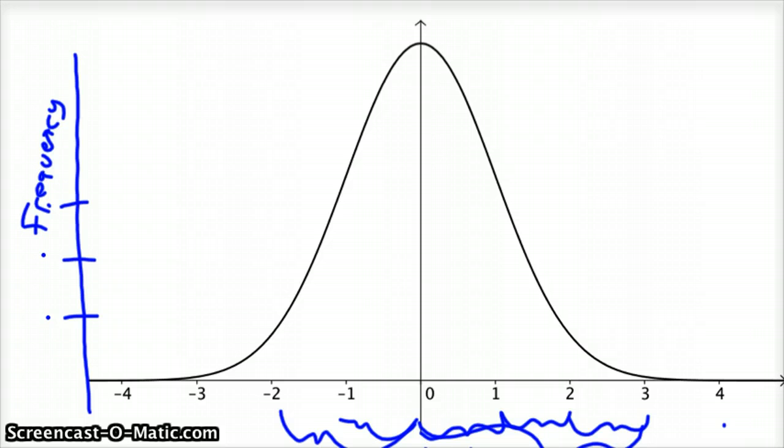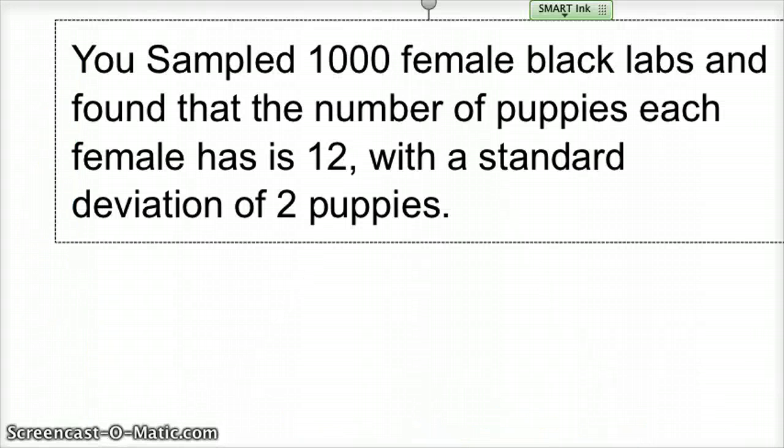Now, let's look at a situation. For instance, in this case, you sampled 1,000 female black labs and found that the number of puppies each female has is 12. So on average, you have about 12 puppies each time. And your standard deviation of puppies is 2 puppies.